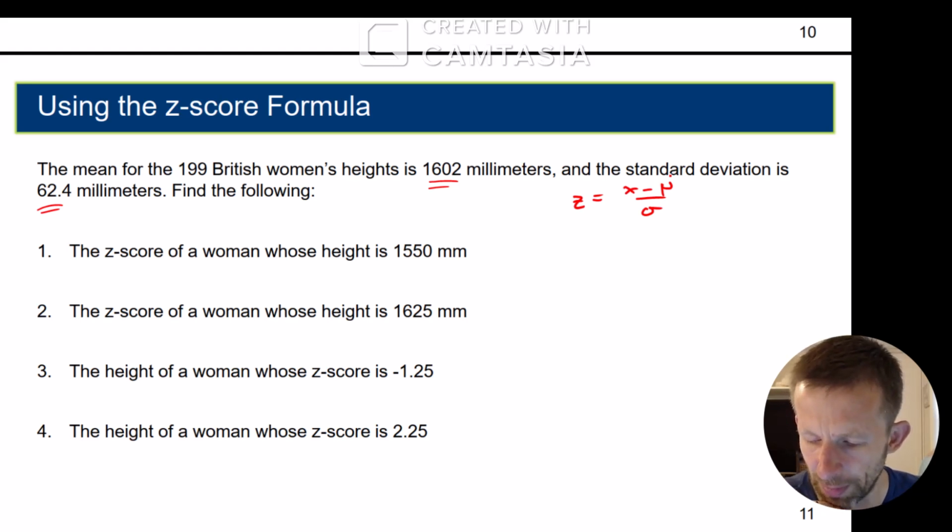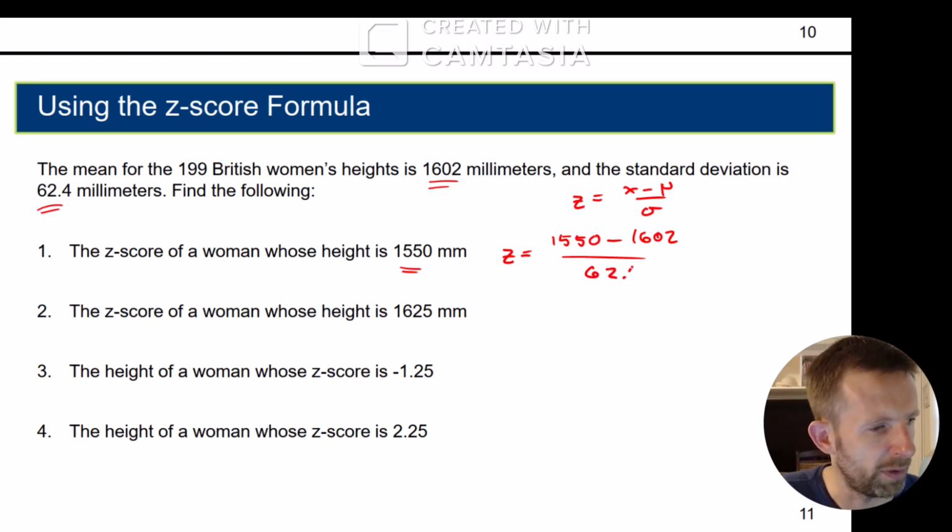So find the z-score of a woman whose height is 1550. So z-score is the height of the woman, 1550, minus my mean of 1602, divided by my standard deviation of 62.4. And that gives us negative 0.83.